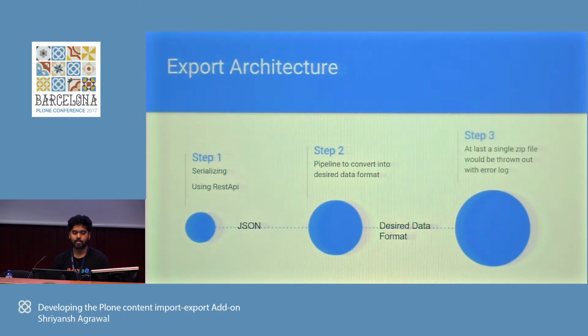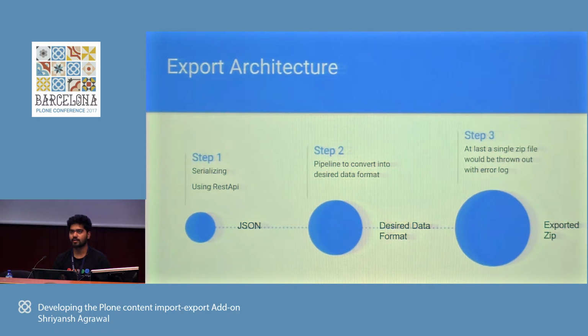That desired data format is then zipped into a single file, and it also logs all the errors encountered throughout the process, just to give flexibility to the user so they can ensure what's really going on beneath. So finally, it exports a zip.